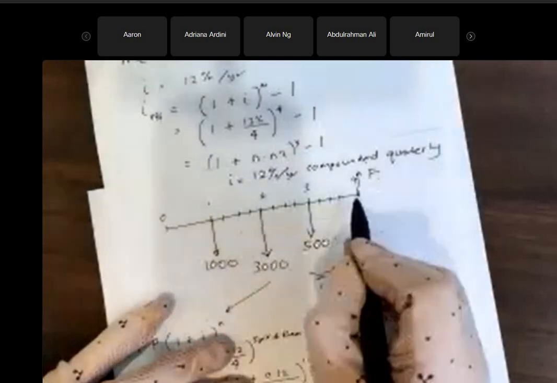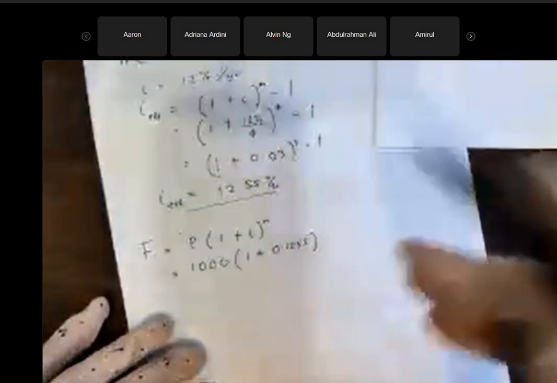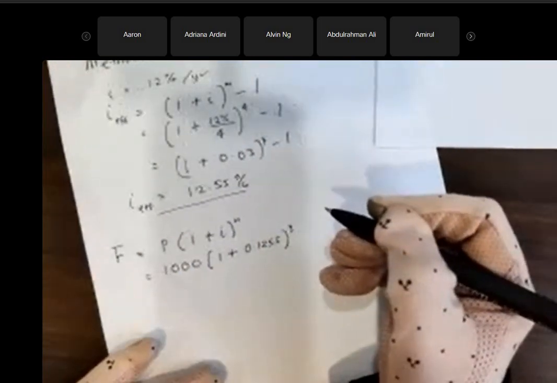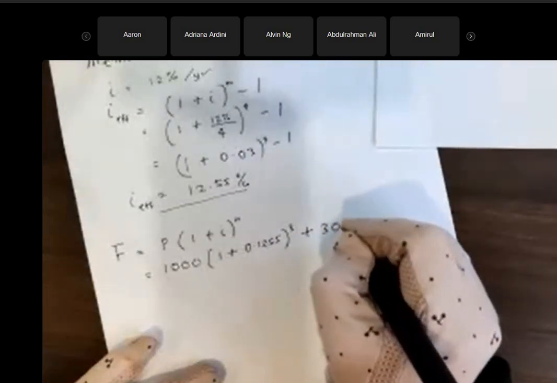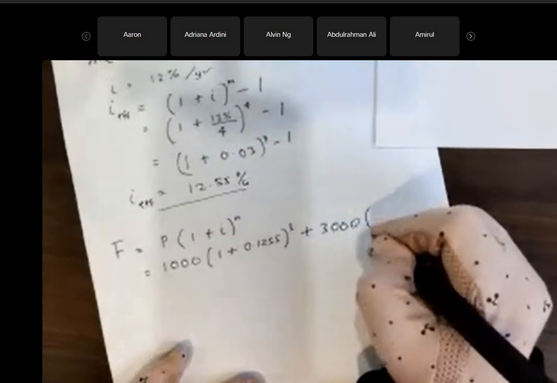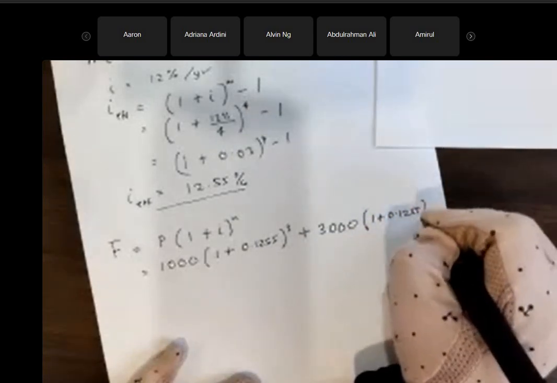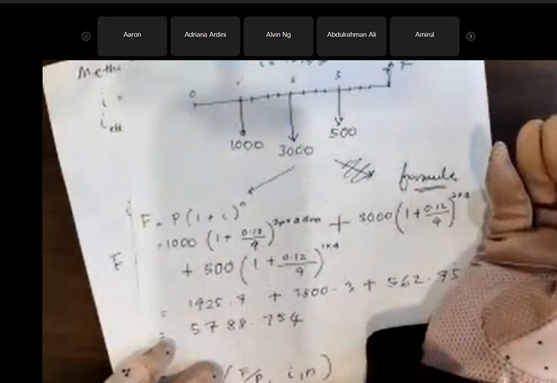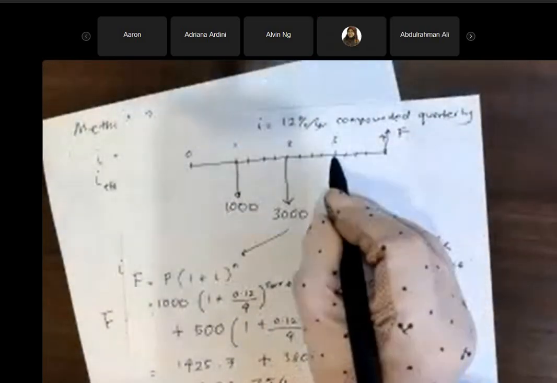So the earlier one was 1000, so how many years to F? 1, 2, 3. So that means here is 3. Okay, plus 3000. 1 plus 0.1255, power of what? 2. 1, 2.